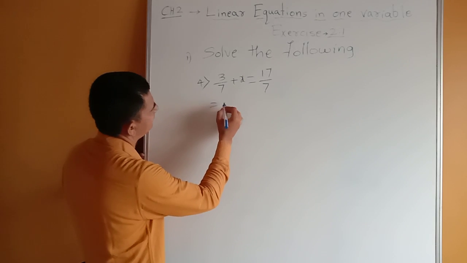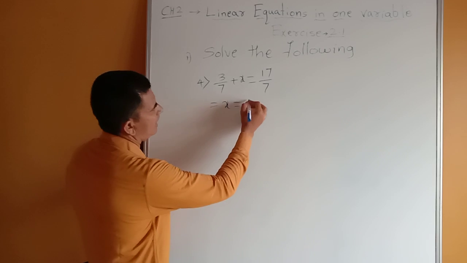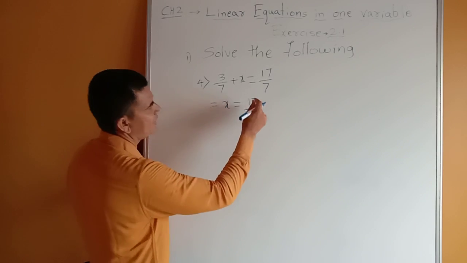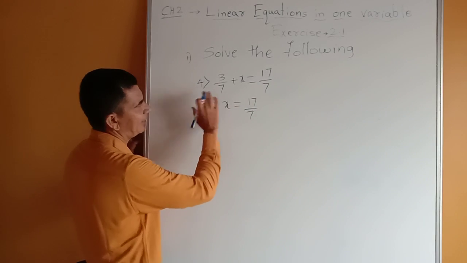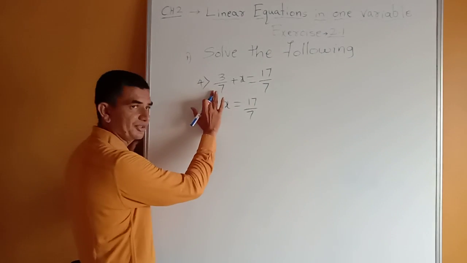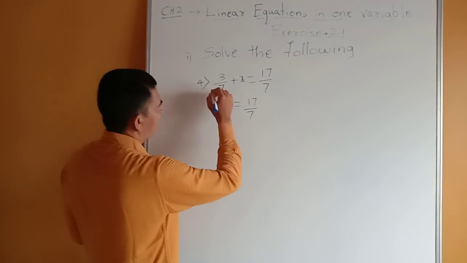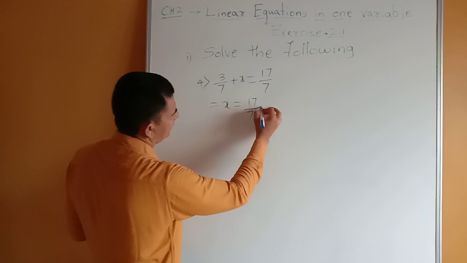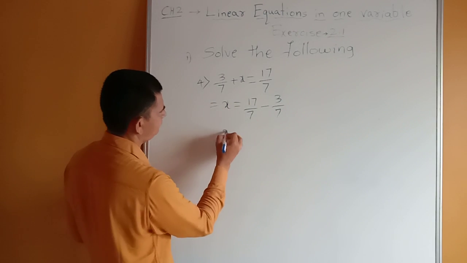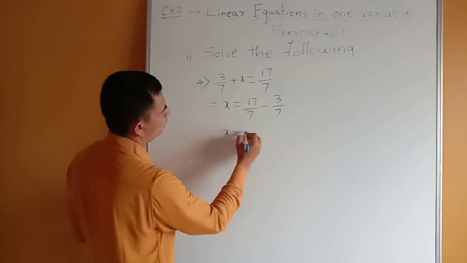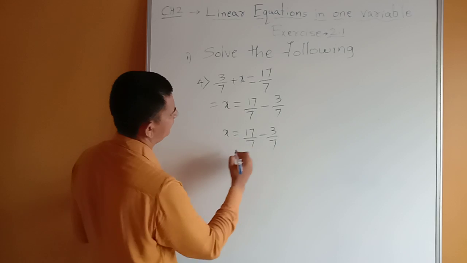See here, we want x, so x you can take separately. 17 by 7 is on the right hand side, so as it is you can write. Now 3 by 7 is on the left hand side, so this we have to take to the right hand side. When it goes to the right hand side, it becomes minus 3 by 7. Now x is equal to 17 by 7 minus 3 by 7.